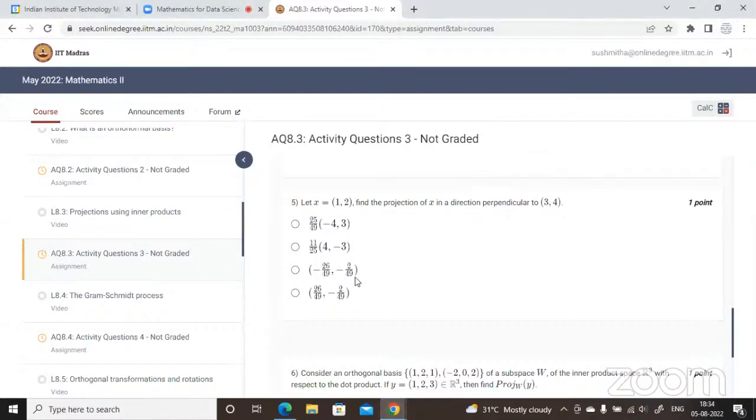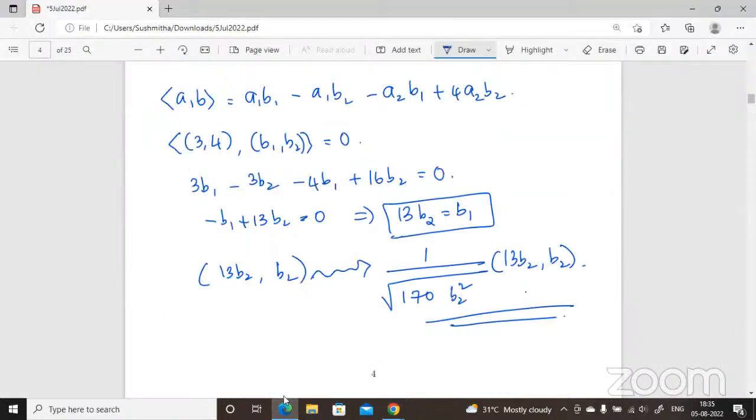The first coordinate should be 13 times the second coordinate, and they both should be positive or both should be negative. So easily you can eliminate from the options, but yeah, you can proceed from here. You can use the value of x and then actually get the vector. Okay. Thank you, ma'am.